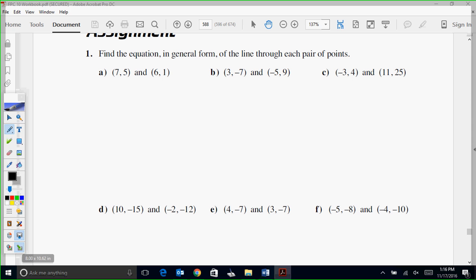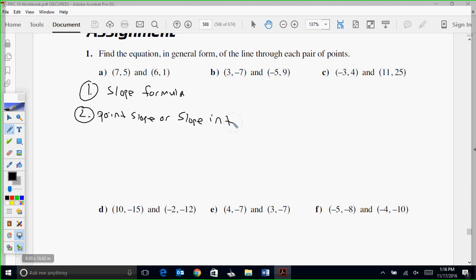Step 1. Slope formula, correct. Step 2. So you have a slope. Do you have a point? Yeah, you have 2 points. So step 2, it's either point slope or slope-intercept form, whichever one you like better.